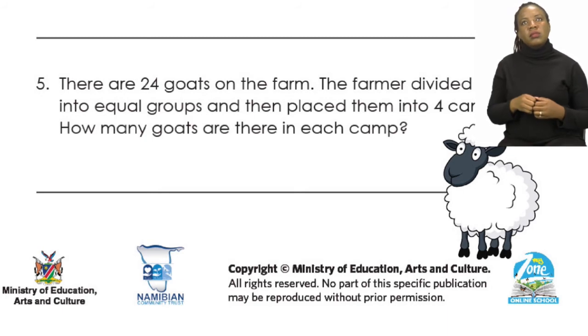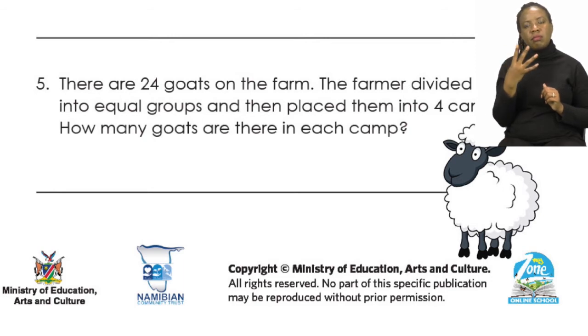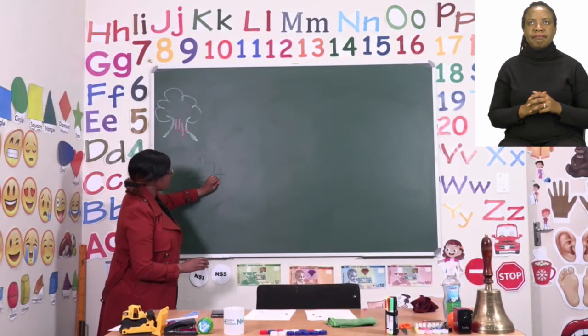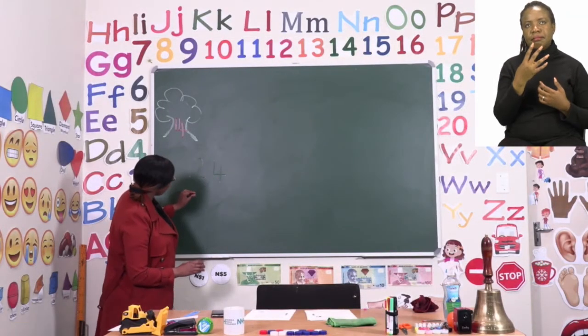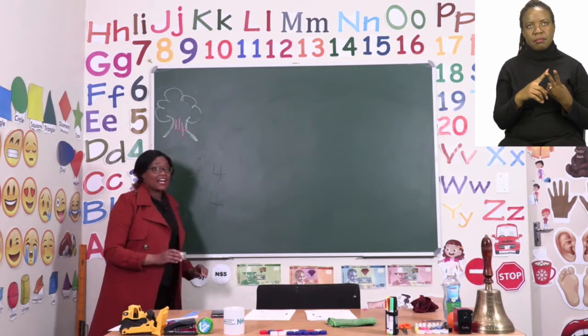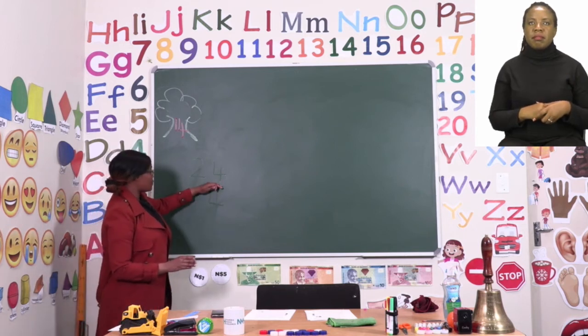So boys and girls, we are actually going to do this one together. But first, we need our important numbers. So, the numbers that we have been given are 24 and 4. So we're going to go ahead and write those important numbers. We have 24 and then we have 4. Now the number of goats that we have are 24.